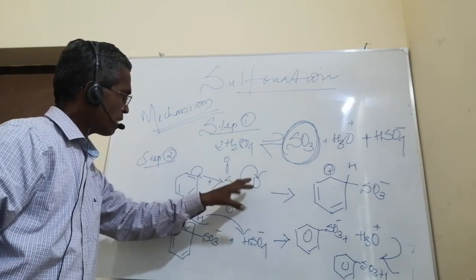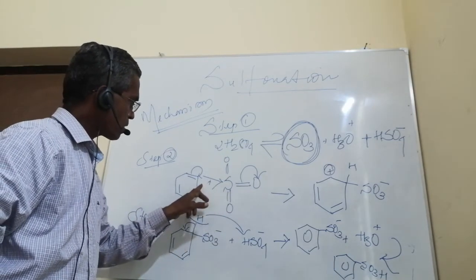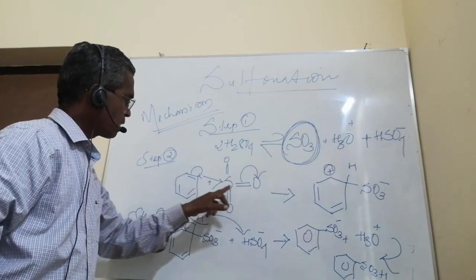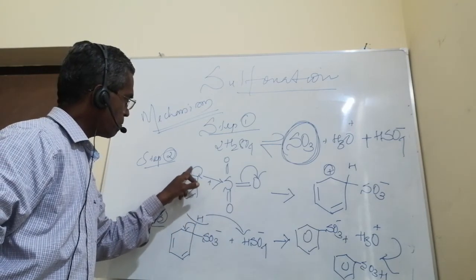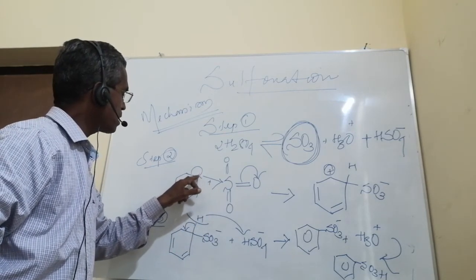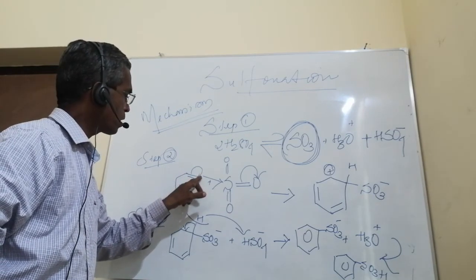At the moment of approaching, that is, when the sulfur trioxide reaches close to benzene, the benzene will adjust its pi bonding electrons in such a way that there will be development of a negative charge here.